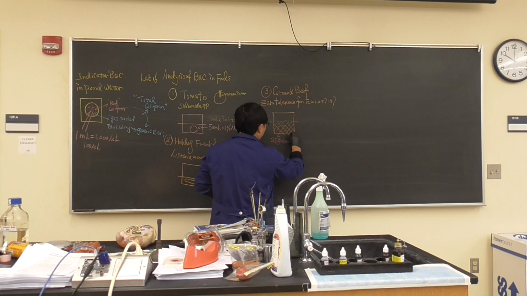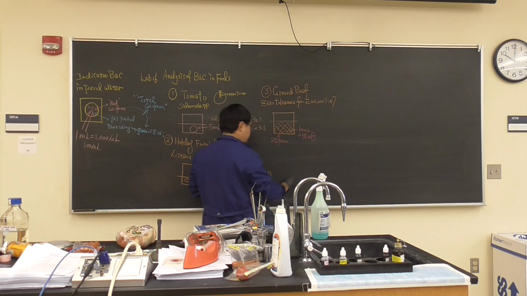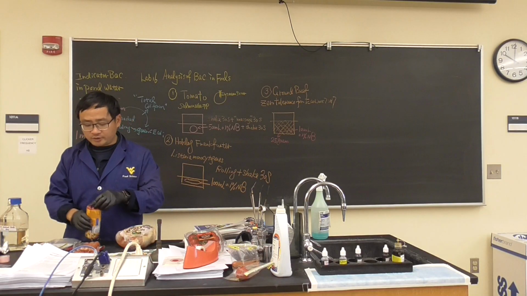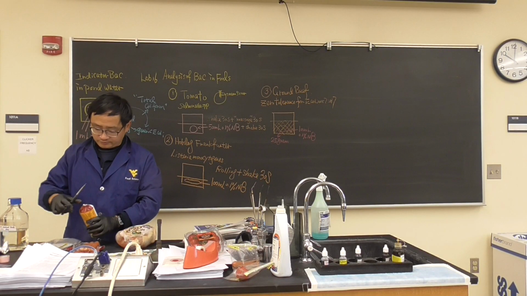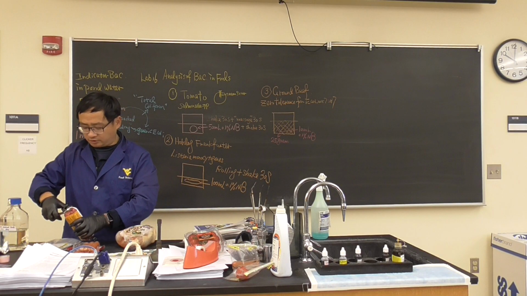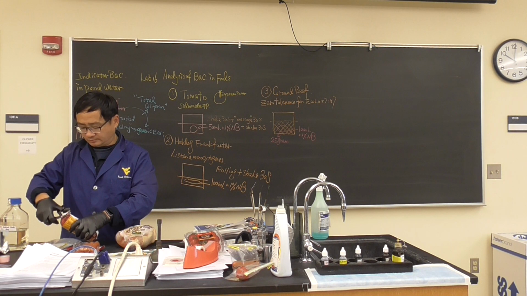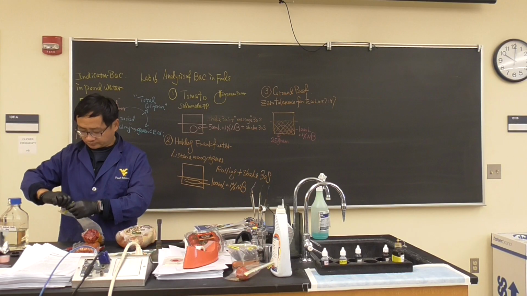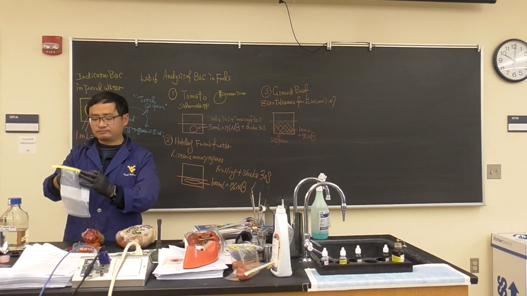And then we dump in 100 ml of 0.1% nutrient broth. Okay, we don't have a scale, so we're going to get approximately 25 grams. Tear it off.